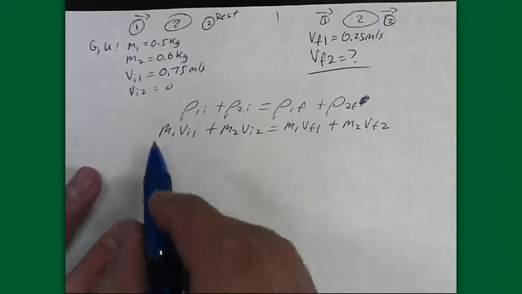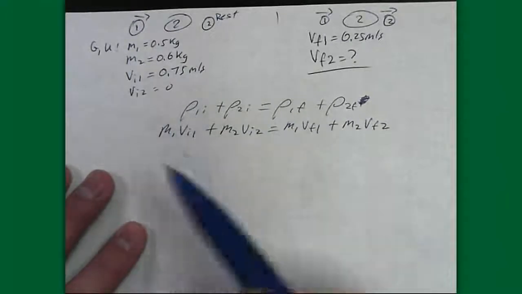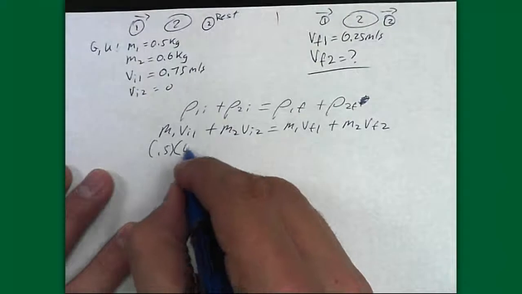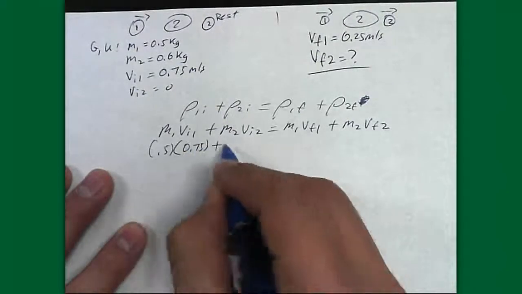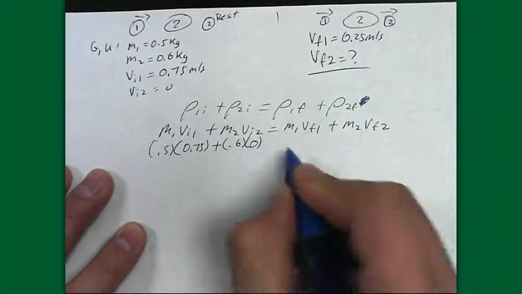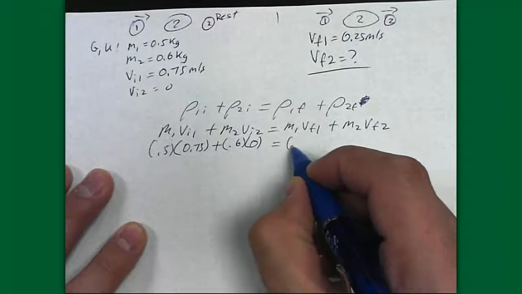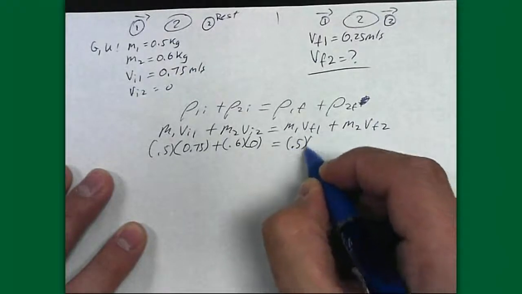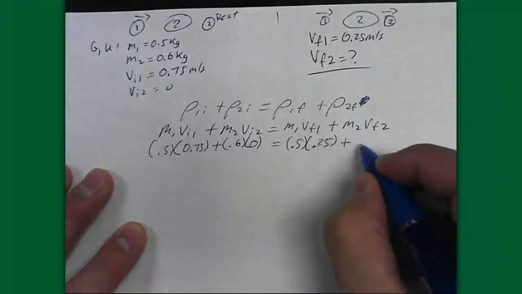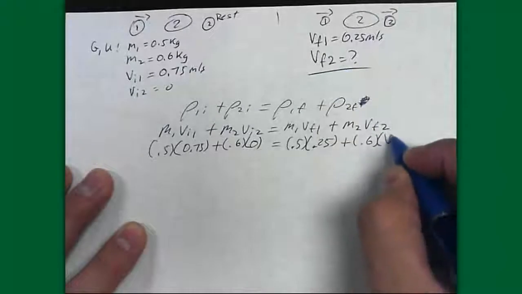Alright, so now let's plug in, and because we defined everything correctly, I can simply look up here and see where mass 1 is. I know mass 1 is 0.5, initial velocity of 1 is 0.75, plus mass 2, which is 0.6, VI2 is 0. On the final side, we have the same mass, and the final velocity of the first ball is 0.25. Mass 2 is also the same, and I want to know what VF2 is.